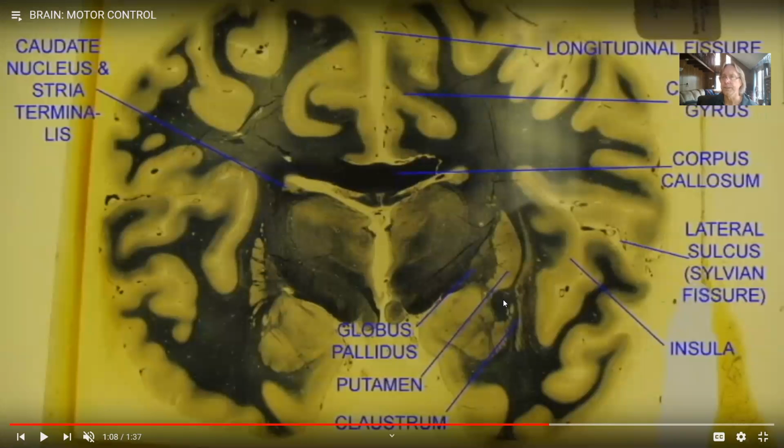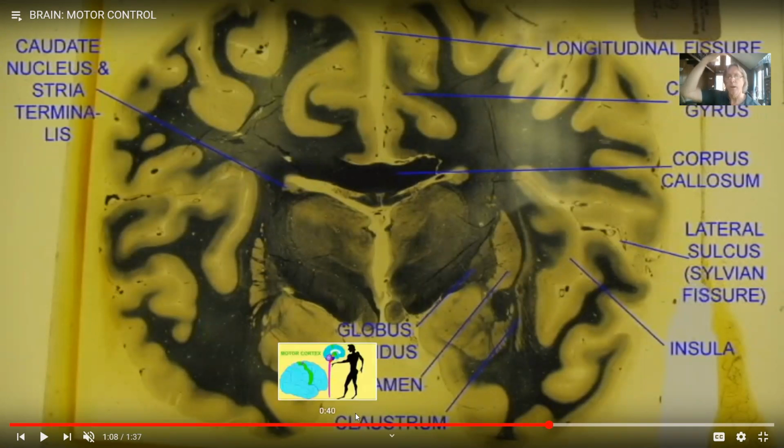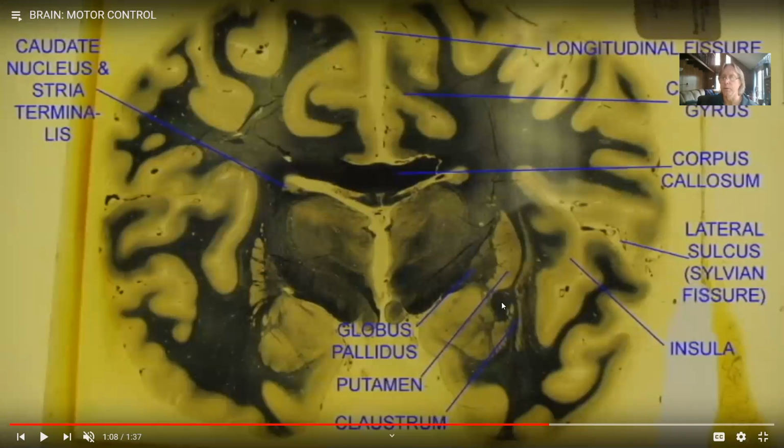In addition to saying, aha, I want to voluntarily move this muscle or turn my neck, if someone were to slam a door, I would jerk my head around as a reflex, because there are other areas which also contribute to muscle control, not just the corticospinal tract, which forms what we call the pyramidal system, because its axons go through a part of the medulla called the pyramids, these triangular pyramids.